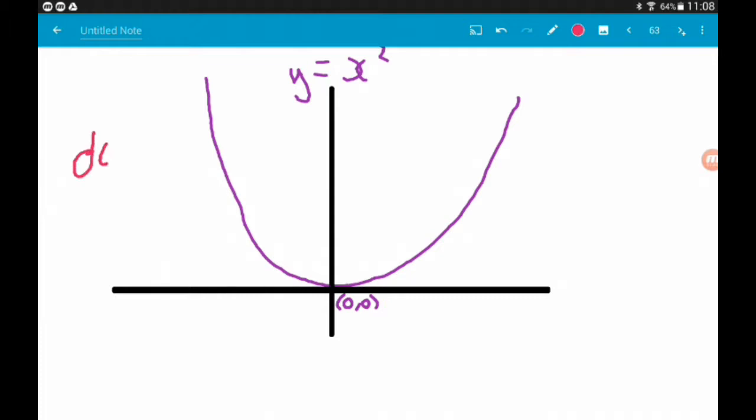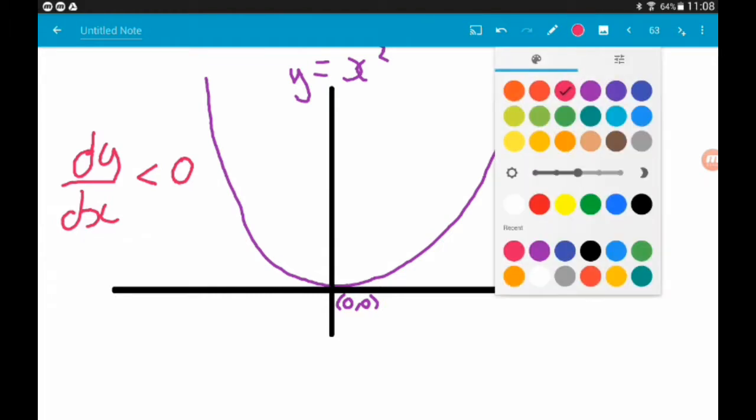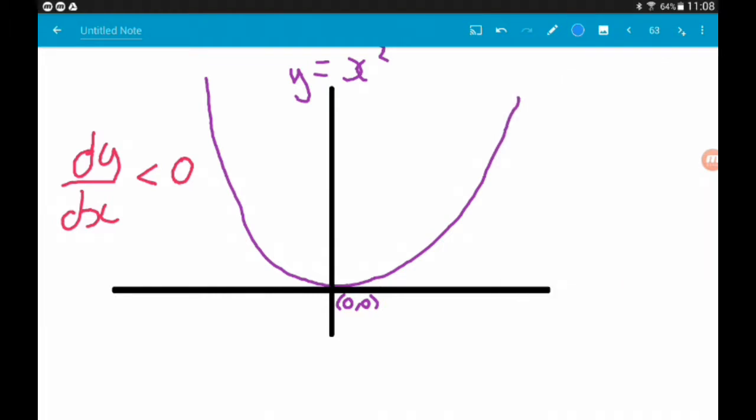So we can say dy by dx is less than 0 to the left of our stationary point. Now, on the stationary point, we know dy by dx is equal to 0. That's the definition of a stationary point.